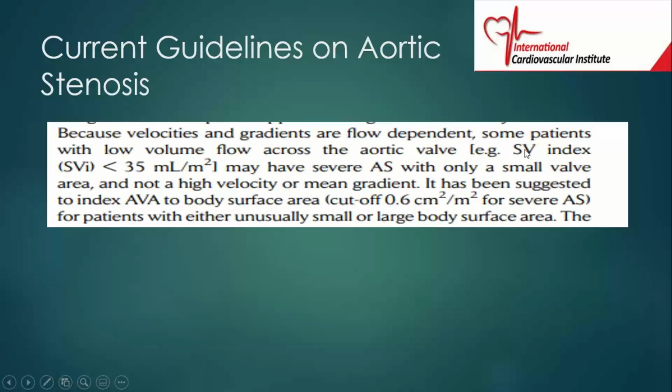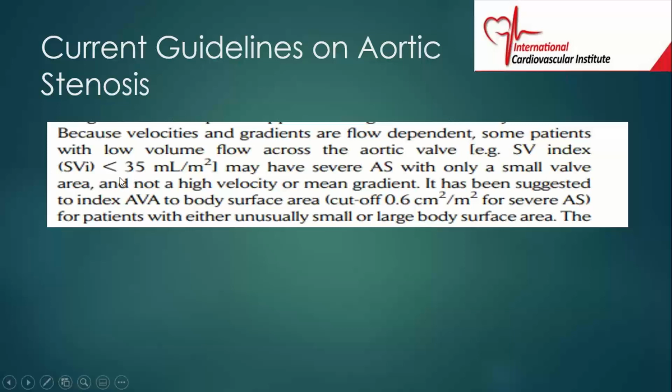We use the stroke volume index. That is a good measure of the flow across the valve. Remember, stroke volume is the volume of blood that's pumped out from the ventricle with each beat. But we index it. So you just take the volume and you divide it by the body surface area to index it.